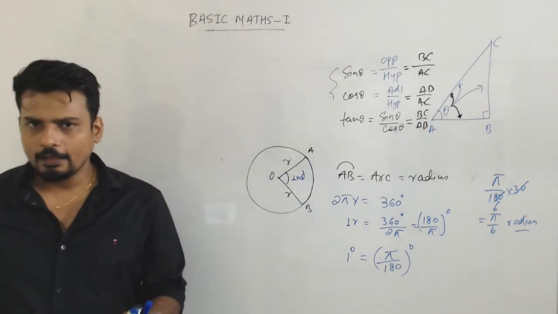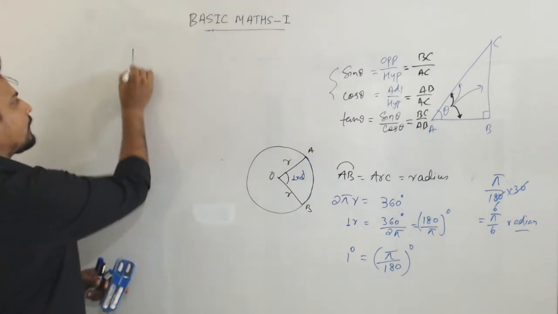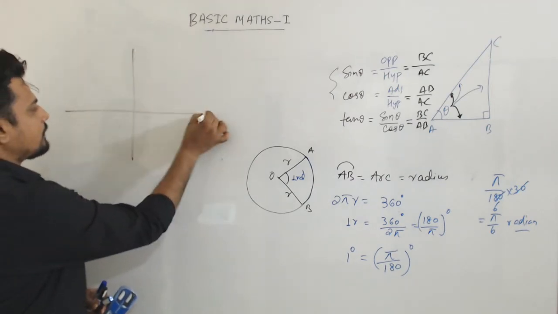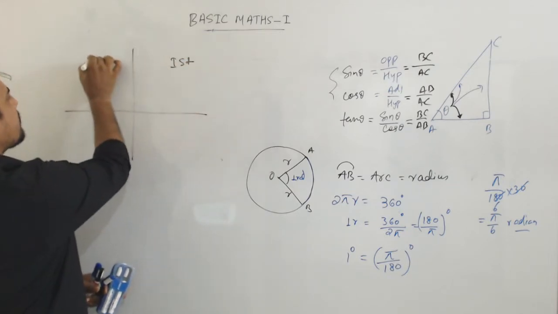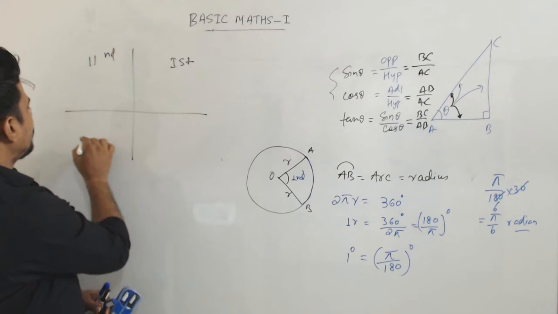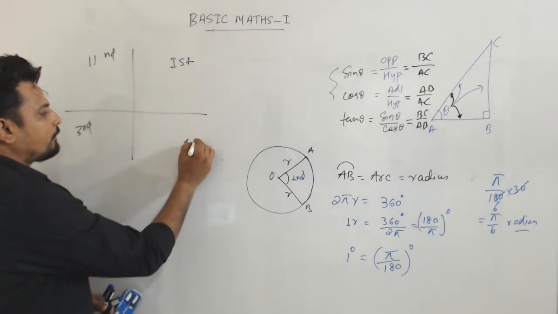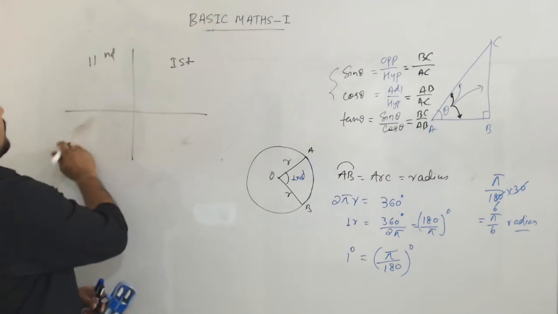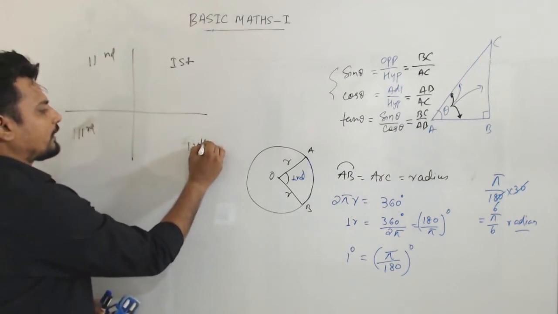Maybe I could draw it like this. This is your first quadrant, this is your second quadrant, this is going to be your third quadrant, and this is your fourth, using Roman numerals.